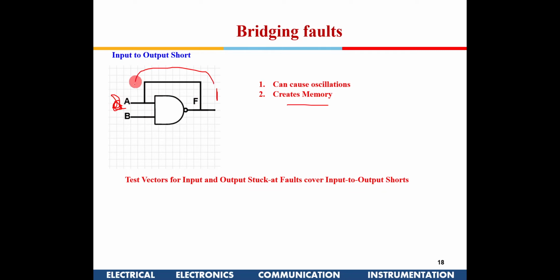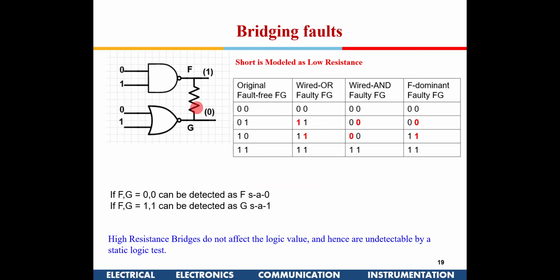That 1 can come here again, and then suppose this is 1, and that can become 0 here. Again that 0 can come here, and it can push it back to 1. So you see it can become oscillations. Also there could be cases where this feedback can store data even without an input. It becomes a memory kind of thing. So these kinds of things can happen.